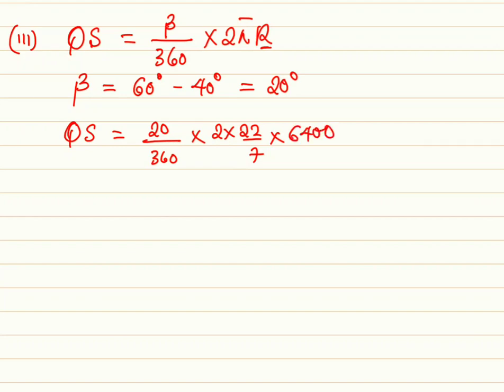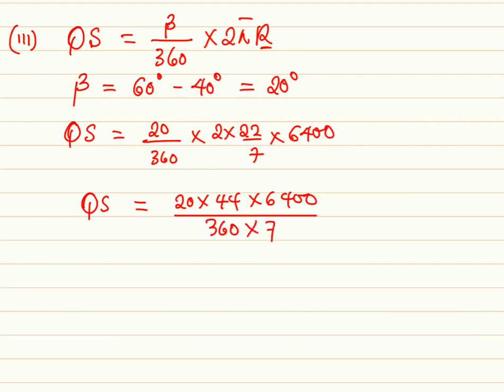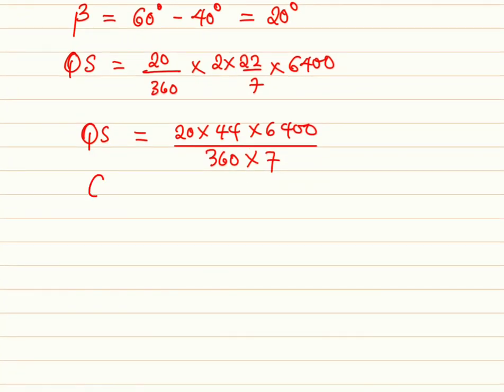Once you handle your calculator well, you will find that QS is 20 times 44 times 6,400, all over 360 times 7, which gives approximately 2234.92 kilometers.